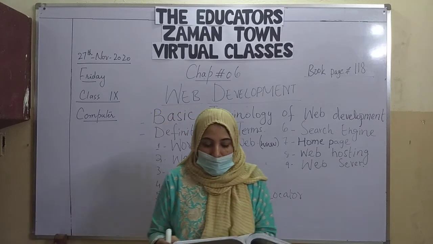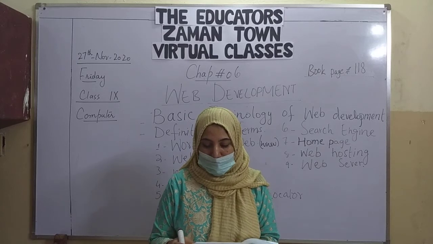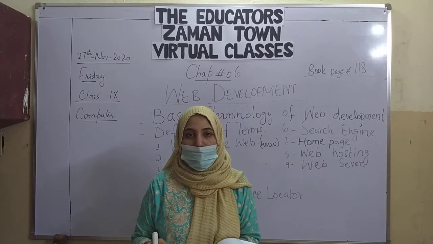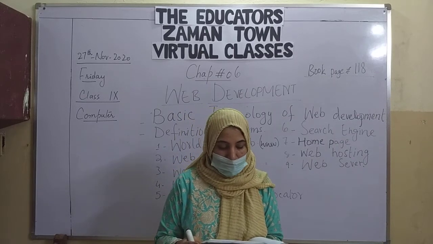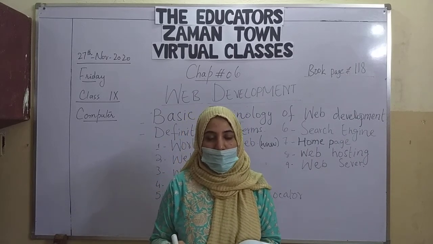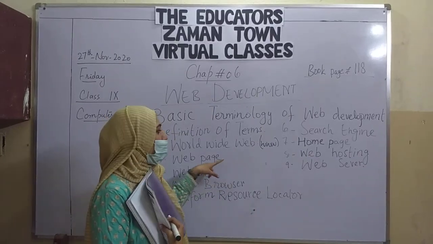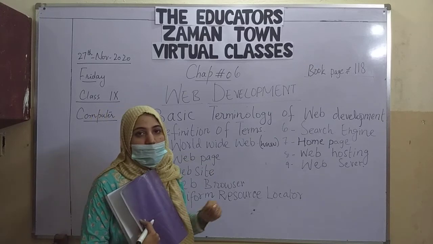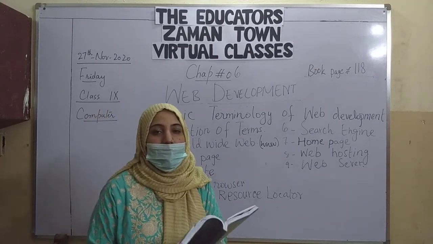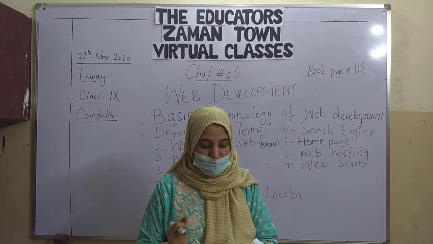The World Wide Web is commonly known as the web. The web is the collection of computers connected through the internet, so publicly, anyone can access the information. This information is on the websites. So the World Wide Web connects all the people who are connected through the internet.